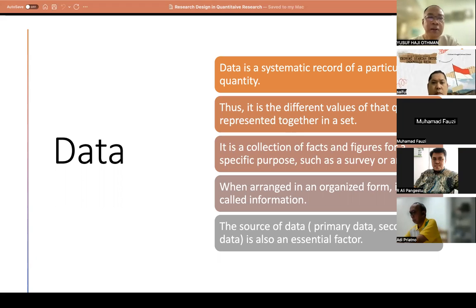So the good thing about secondary data is you can get the data very fast sometimes, if you can purchase or if you have access to the data. However, the disadvantage of secondary data is if the data is missing, yeah? For example, the data published by the government statistics department.